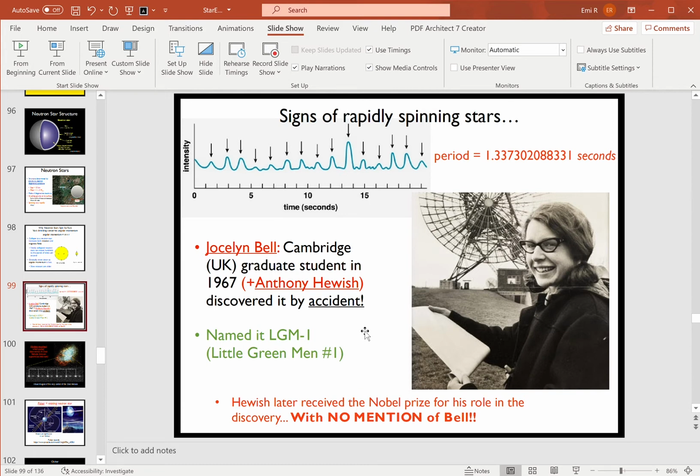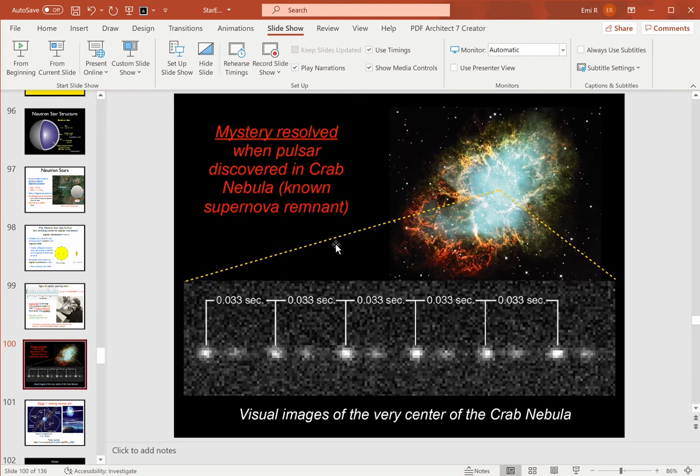So that being said, she is really the one discovering what we call the first pulsating neutron star. So let's look a little bit more at a real case in the Crab Nebula.